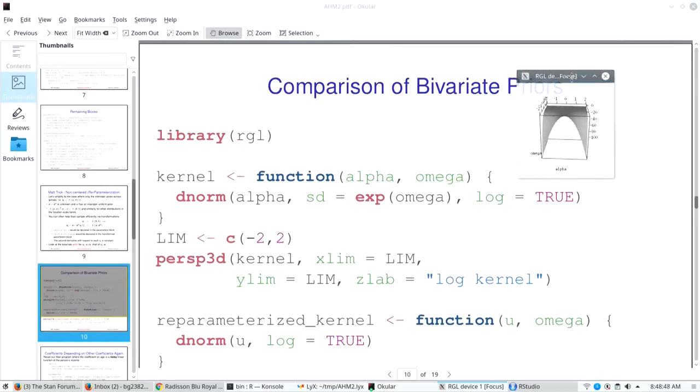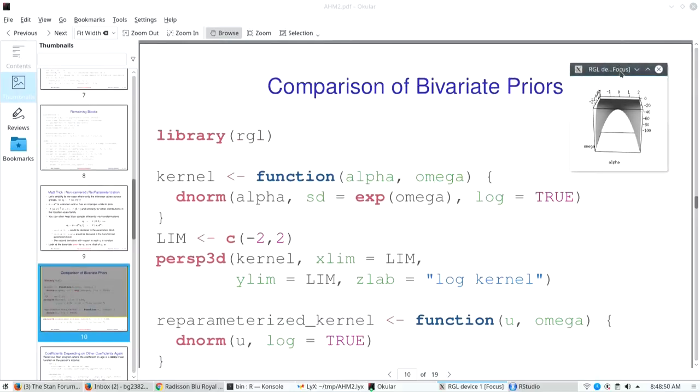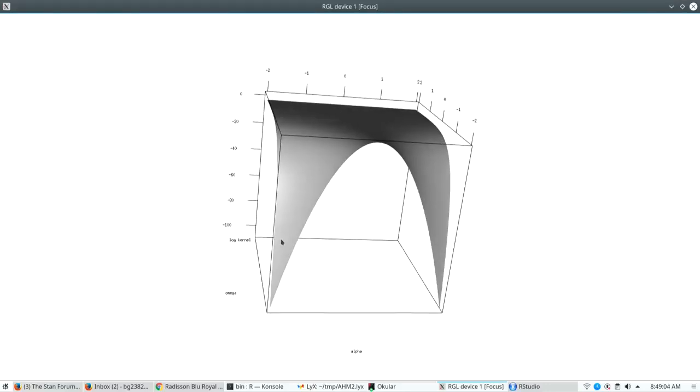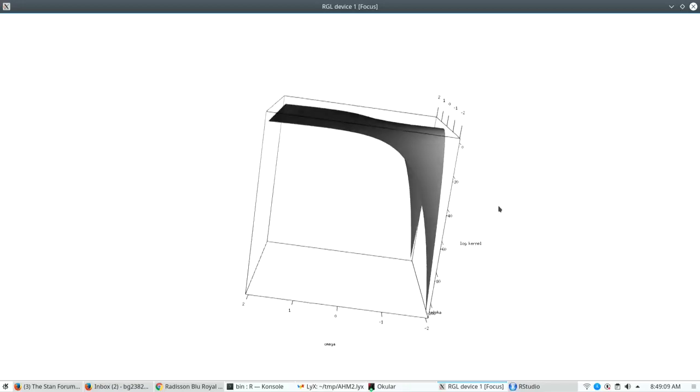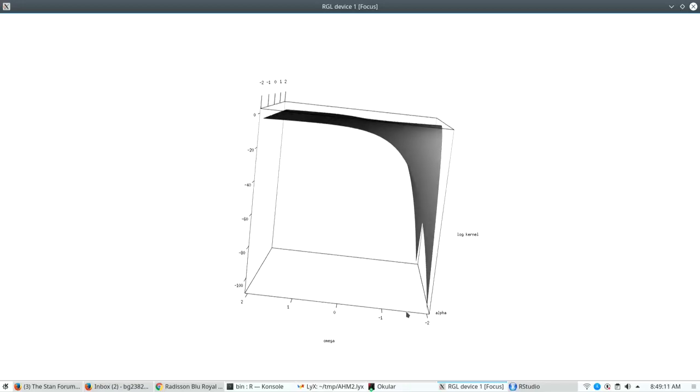All right. This surface here corresponds to the first function being plotted, which is the centered representation of the normal prior. It's not super apparent, but if you turn this around sideways, you can see that as omega ranges from -2 to 2, the surface of the distribution is pretty flat throughout most of the range.